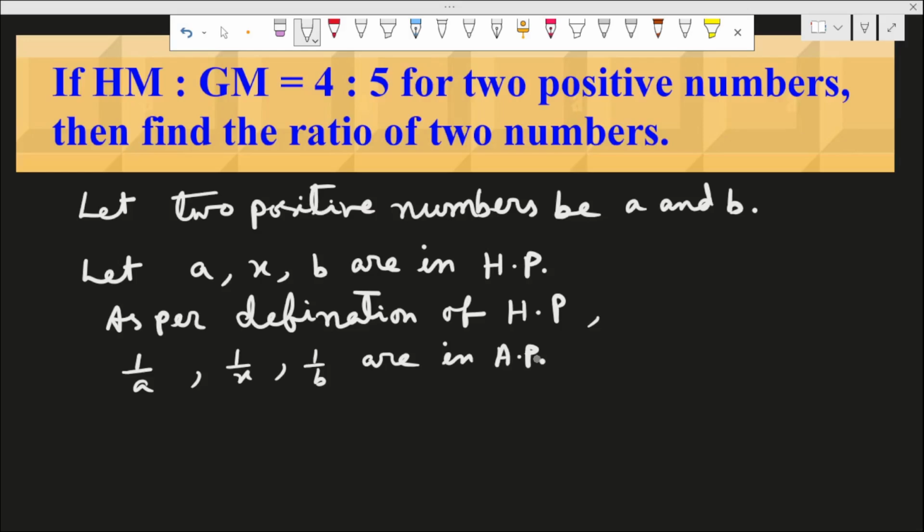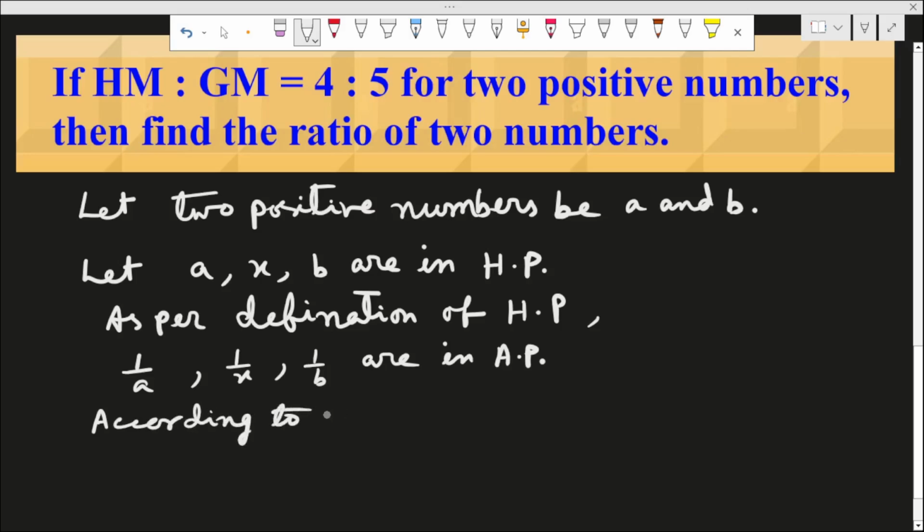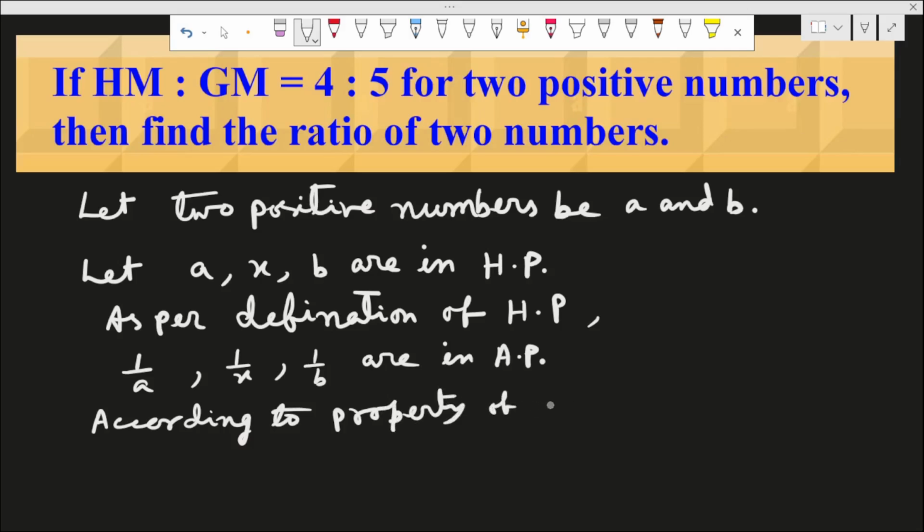According to the property of an AP, term minus preceding term is always equal.